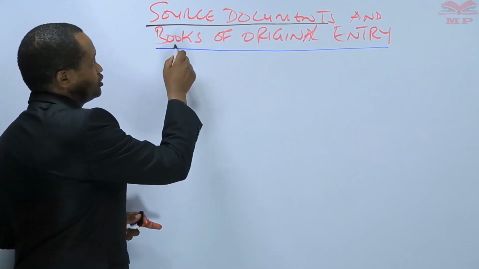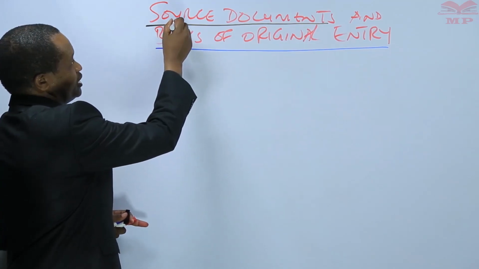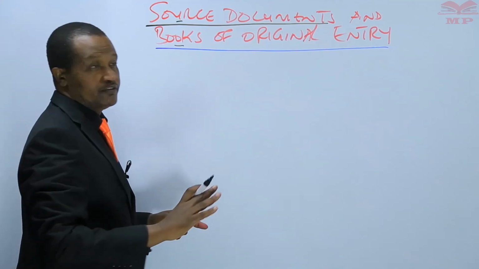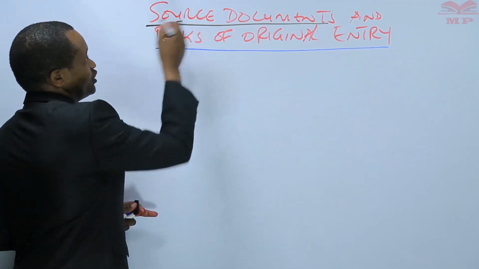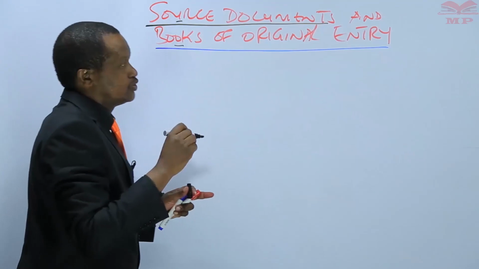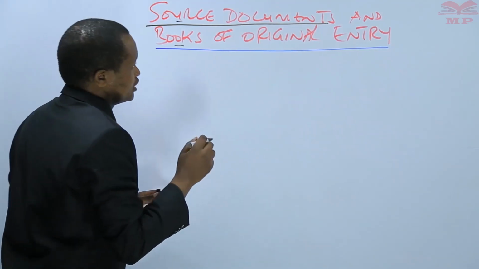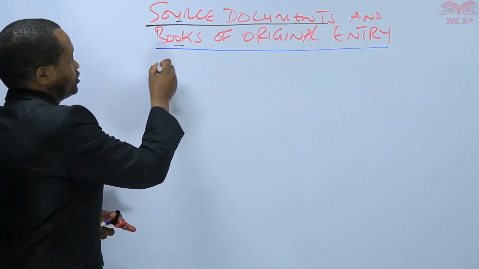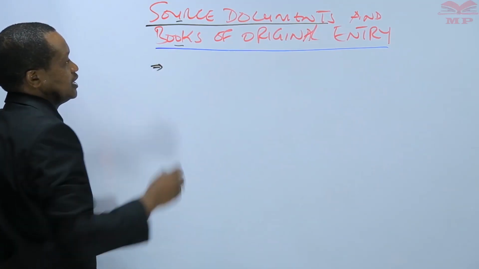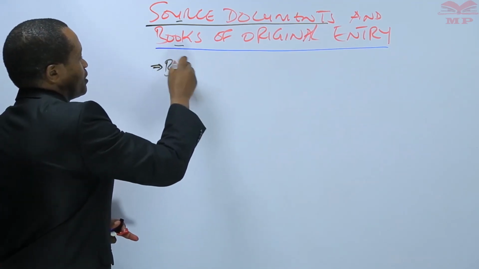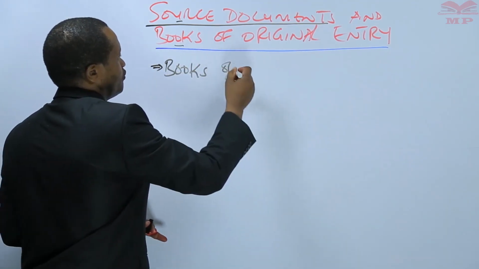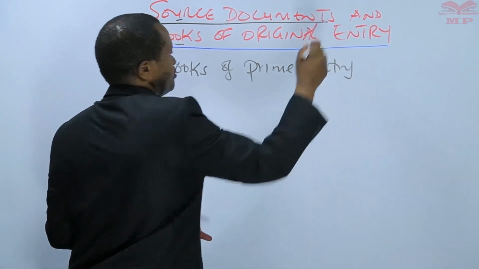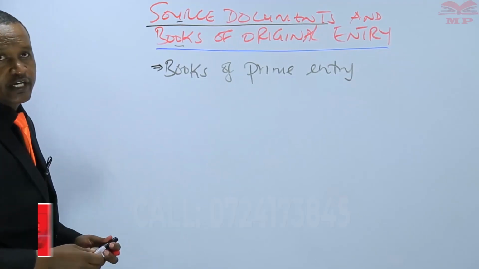The source documents are things like a receipt, an invoice, a voucher, and so on. So these source documents are used to record transactions in the books of original entry, which may also be referred to as books of prime entry.